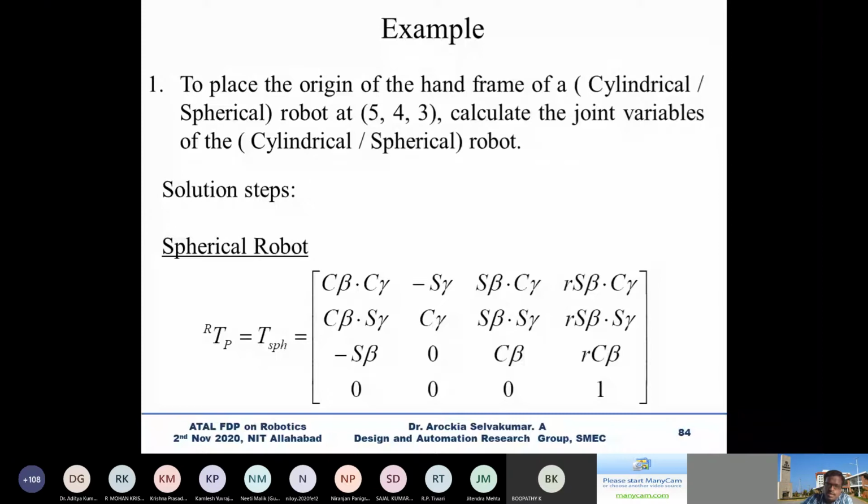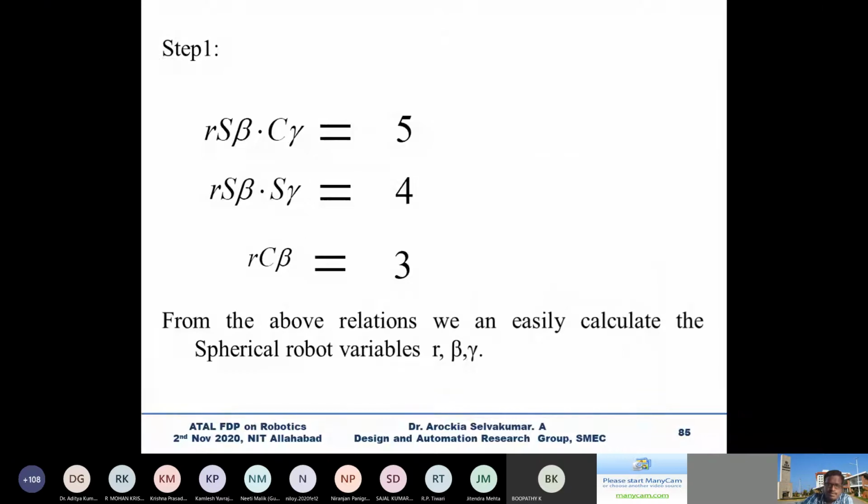Once you relate these equations, you can divide or multiply and calculate the parameters r, beta, and gamma. That's it. So you can understand now how the transformation matrix in kinematic analysis is useful for calculating end effector positions.